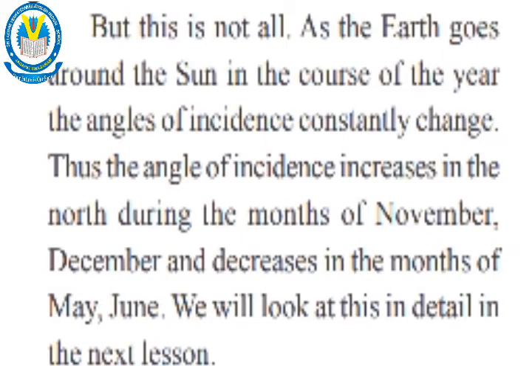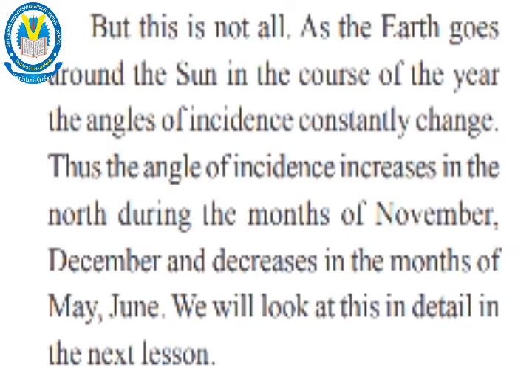But this is not all. As the earth goes around the sun in the course of the year, the angles of incidence constantly change. Thus, the angle of incidence increases in the north during the months of November, December, and decreases in the months of May, June. So, here it says that the angle of incidence will not be the same throughout the year because Earth keeps on moving.